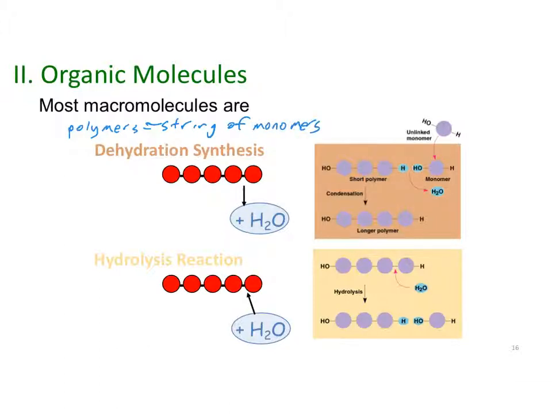And they are synthesized through this process of dehydration synthesis, which means that as you combine monomers, you release a water molecule, which you can see here and also illustrated over here. So as this monomer and this monomer bond together, dehydration synthesis causes a release of a water molecule.